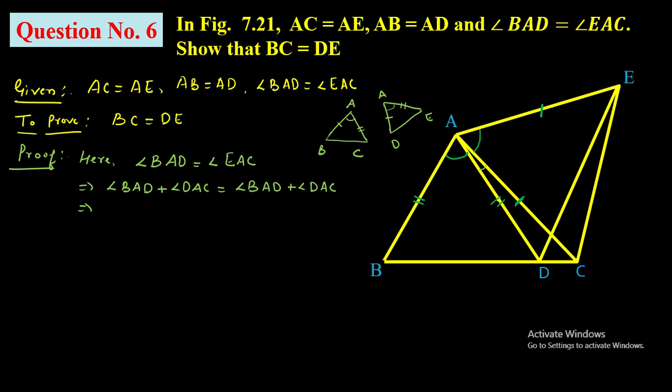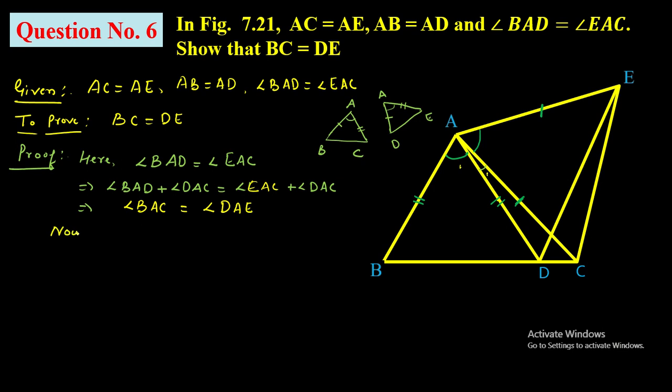So angle BAD plus DAC, it becomes angle BAC, is equal to, and here angle EAC plus angle DAC, then it becomes angle DAE. Now we proved that angle BAC is equal to DAE.